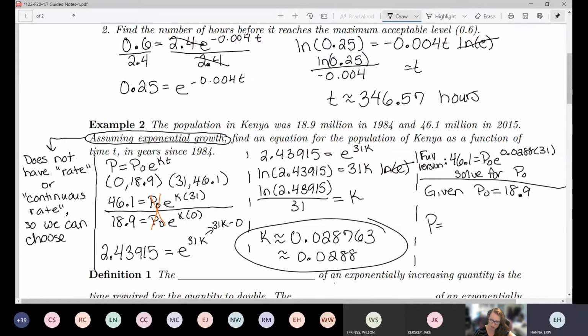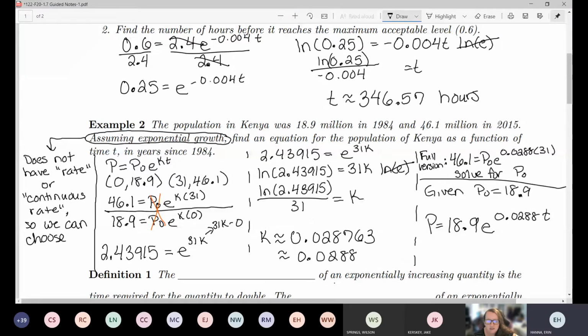P equals the p naught value of 18.9 times e to the k value of 0.0288 t. So just like with the a to the t form, these ones do get a little long and a little tedious. Both versions, one is not really shorter than the other, really. But that's how we find the equation of an exponential function when we're given 2 points.